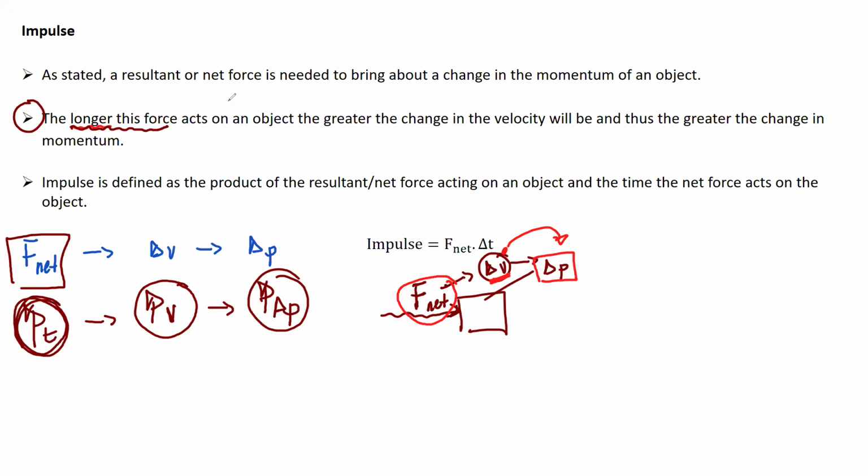This is because there is the concept that says if there is a net force acting on an object, that net force would increase the change in the velocity if it acts on the object for a longer period. So the longer this force acts on the object, the greater the change in the velocity of the object, and thus the greater the change in the momentum.